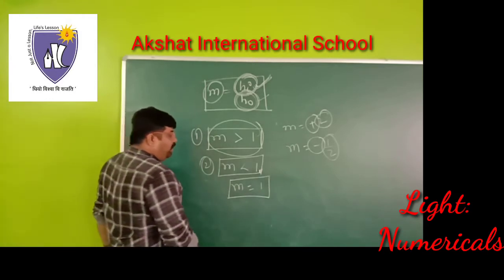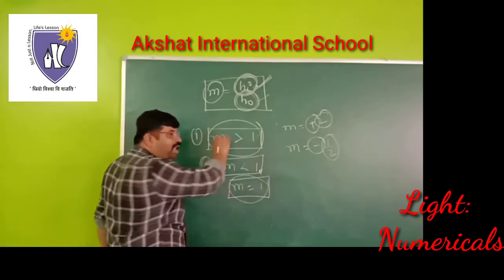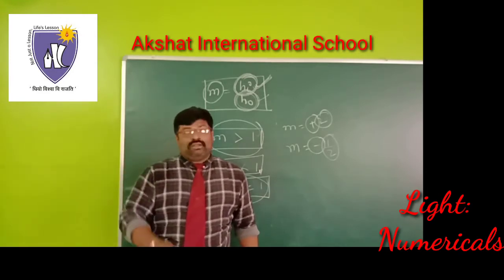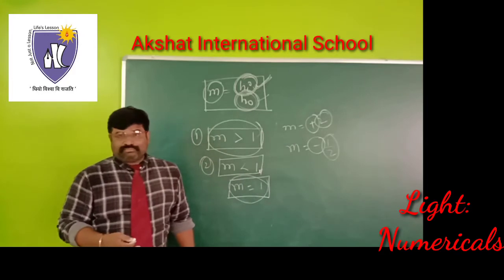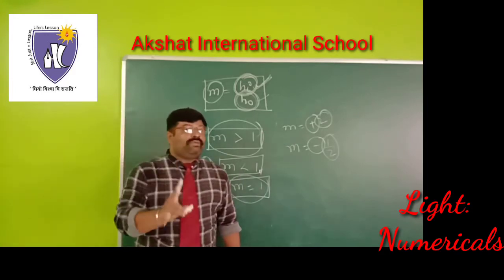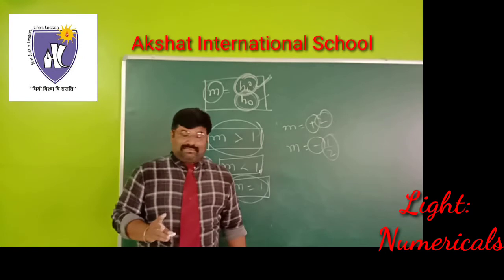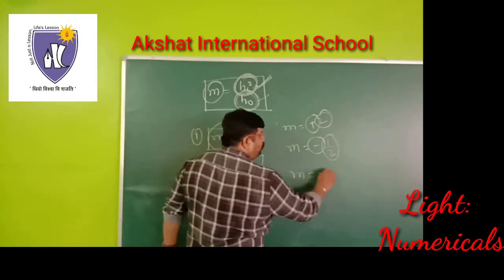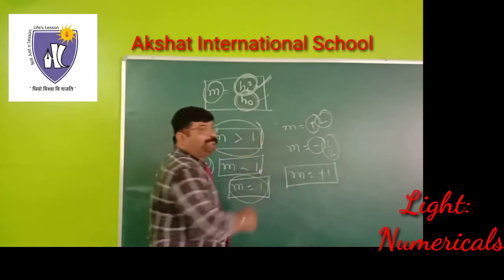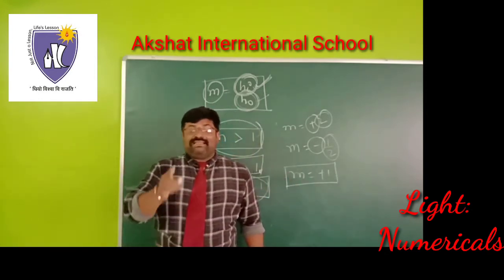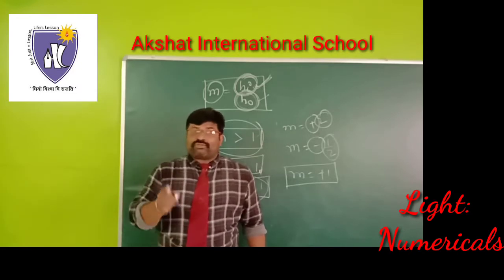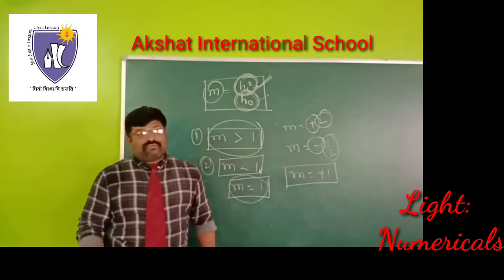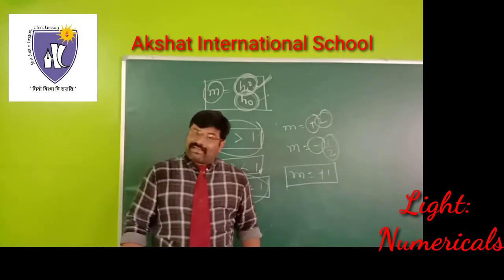Now, if m is 1, that means the height of the image is equal to the height of the object. And we have only two mirrors which represent this condition. One is your plane mirror, that means m is always plus 1 for a plane mirror. Why plus 1? Because the size of the image is always equal to the size of the object, and it is always virtual and erect.